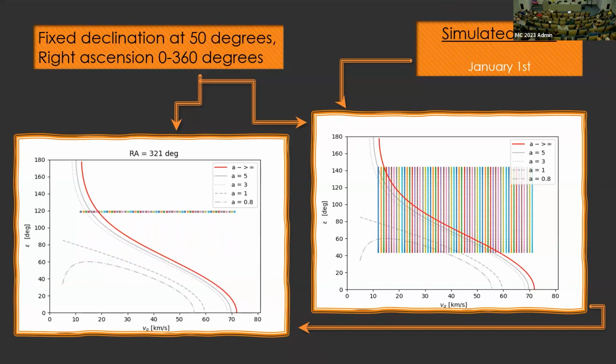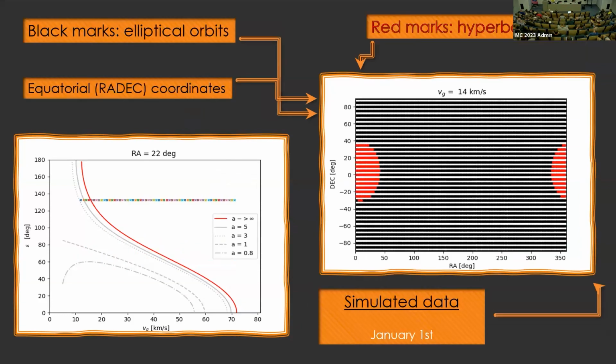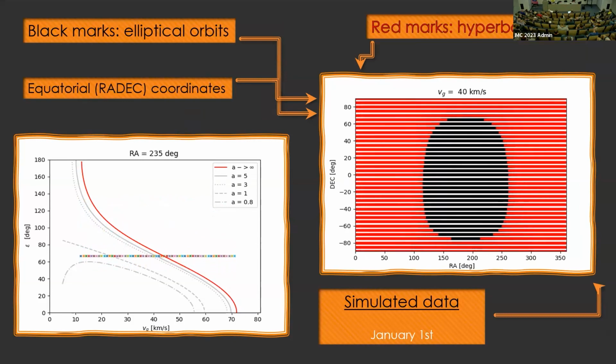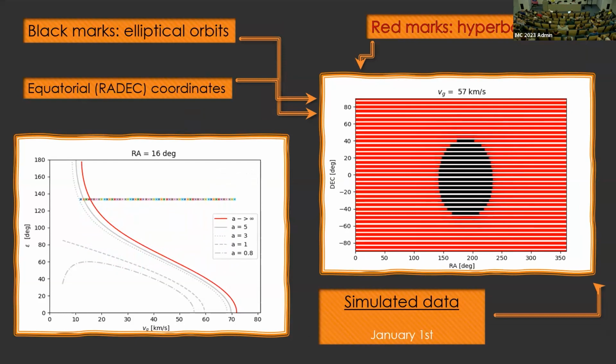This is for the simulated data for January the 1st. On the right side, we can see the stacked pictures. And if we calculate it for the range of declination from minus 90 to 90 degrees, we can actually see how it looks in the sky.